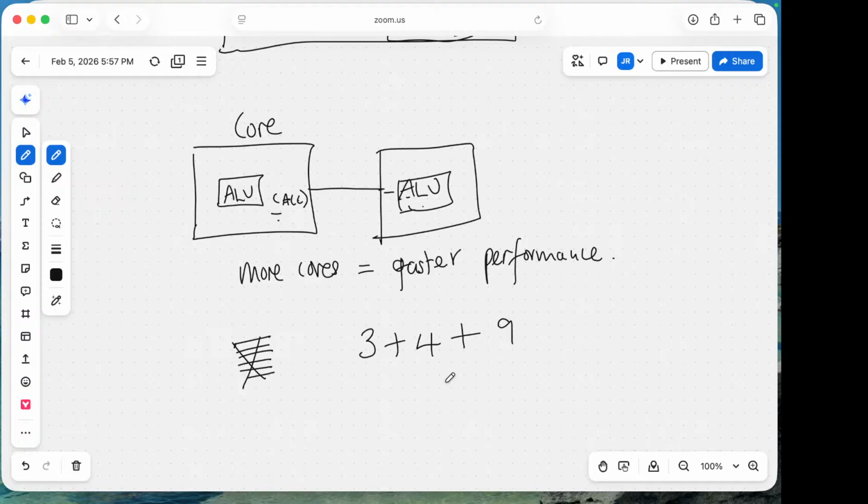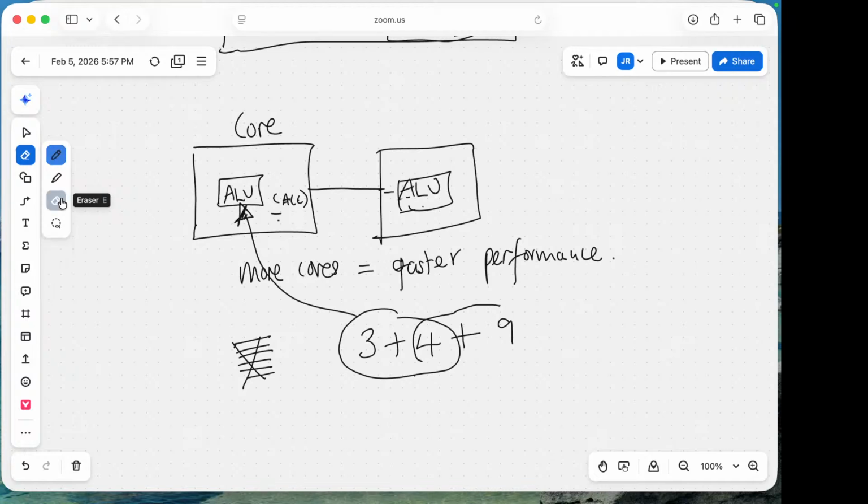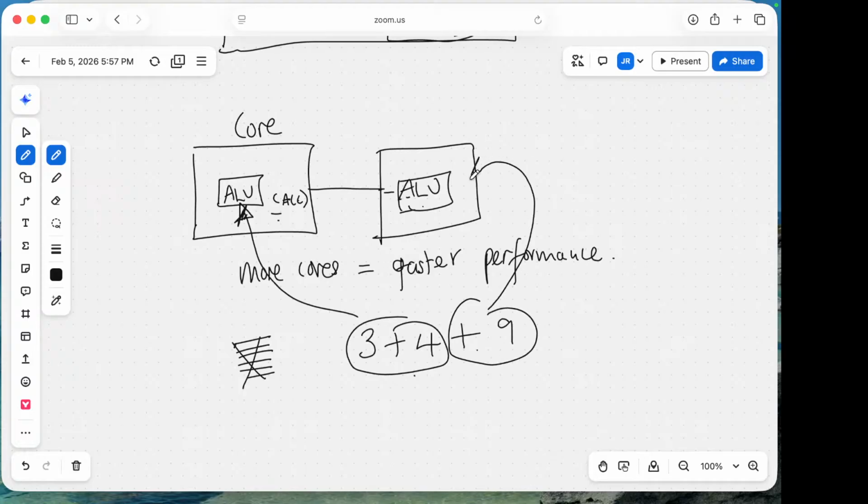So we might allocate 3 plus 4 to this core, and then the result of that, or whatever is left over, to the second core. So that one does that bit. But then if this core does the plus 9, it needs to know what the answer is to 3 plus 4 before it can do the plus 9, because it's got nothing to add it to.